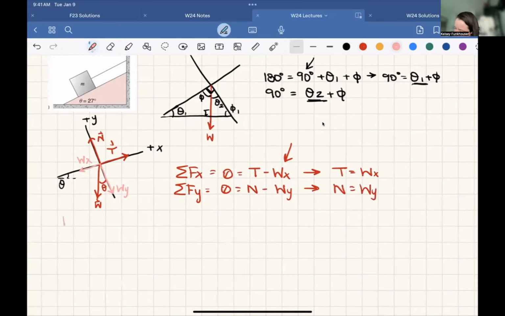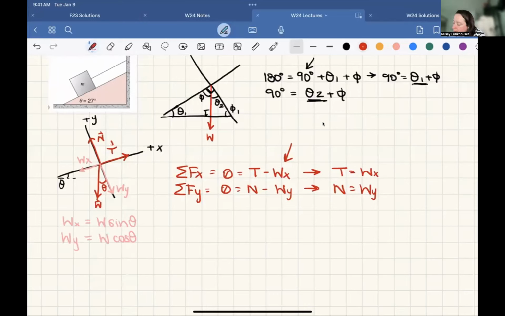And this is another thing to be careful about, pay attention to. Because we've tilted our axes, our angles work out differently this time. So the y component of the weight force is the one that is adjacent to the angle. So the x component is the one that is opposite. So that's the one with the sine. Y is cosine.